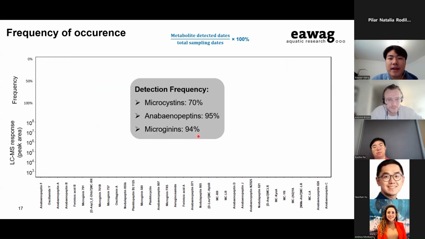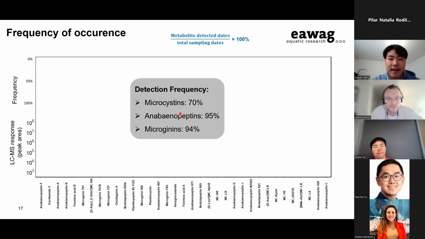And then if we calculate the detection frequency by compound class, we could see that for anabaenopeptins and the microginins, they were detected for 90% of the sampling time we have, which is higher than the microcystins.